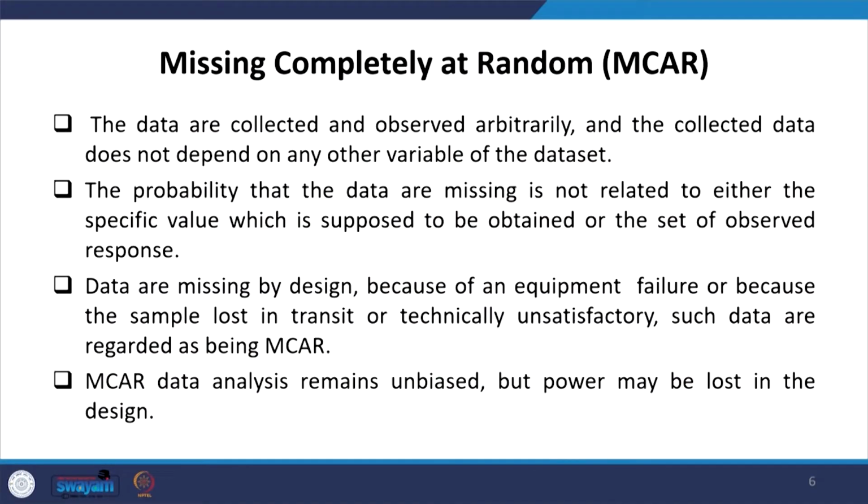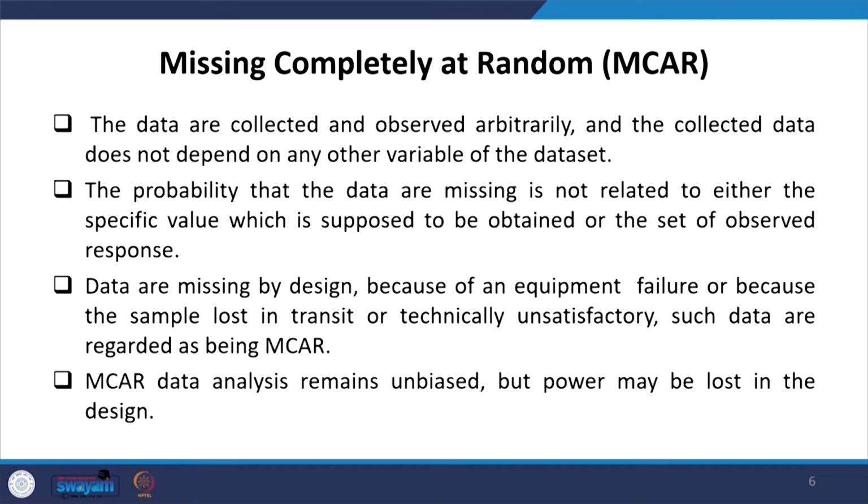Data are missing by design because of an equipment failure, or because the sample was lost in transit or technically unsatisfactory. Such data are regarded as missing completely at random. With MCAR, data analysis remains unbiased, but power may be lost in the design.